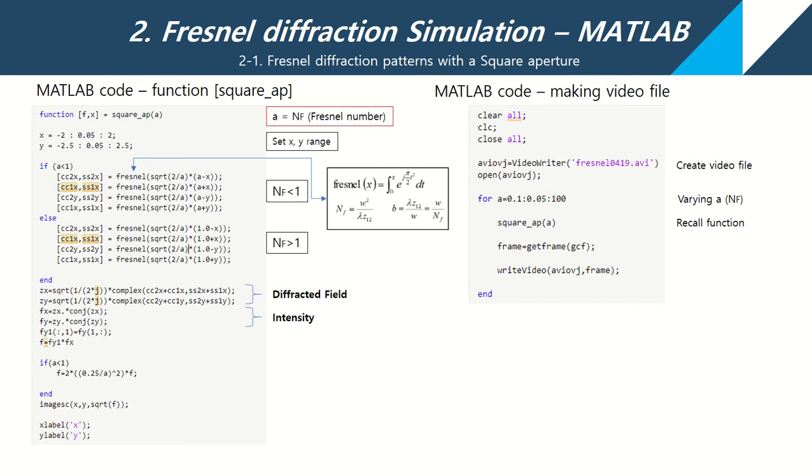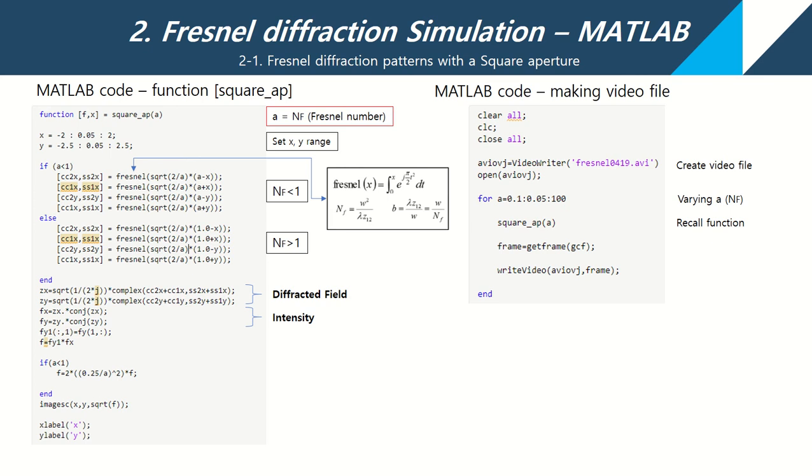The variable a means the Fresnel number for diffraction, and I generated xy points in the range of this. Then I used Fresnel functions with the Fresnel number. Next, variables zx and zy mean complex field distribution, and f means intensity of the wave field.